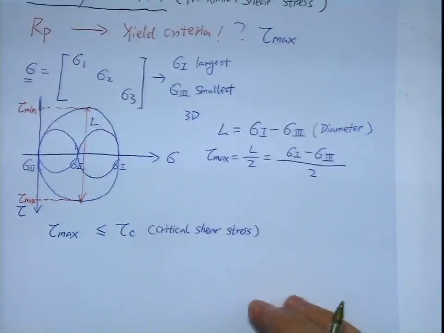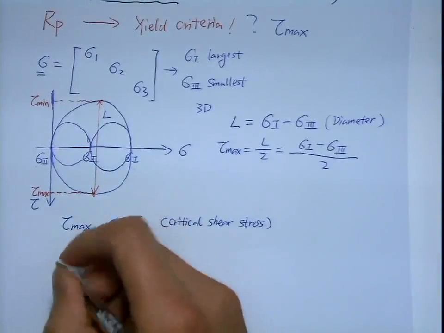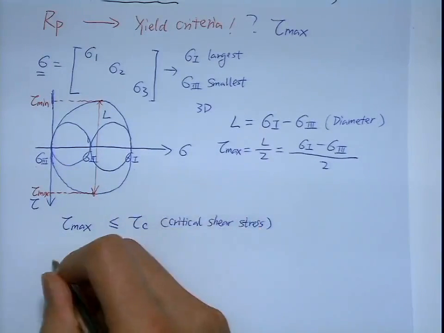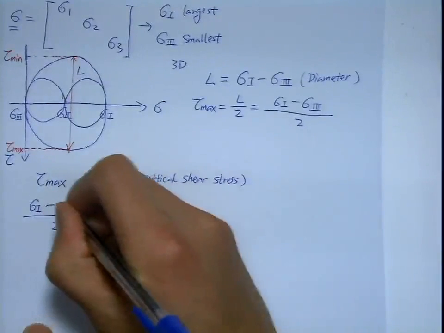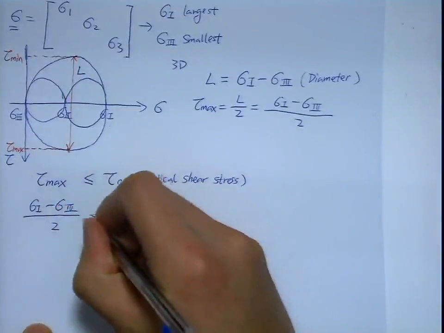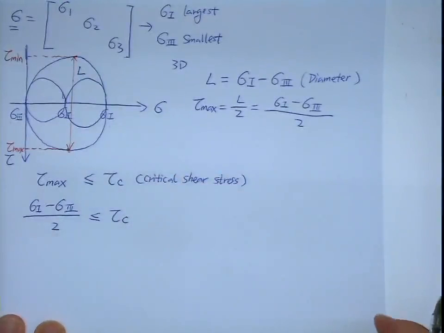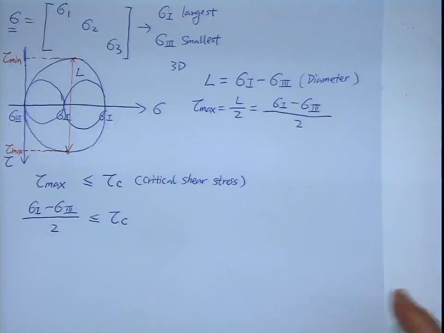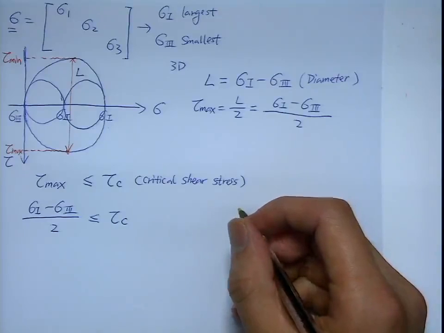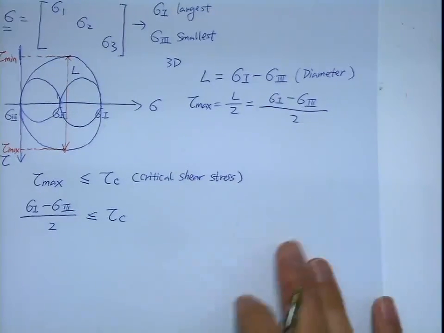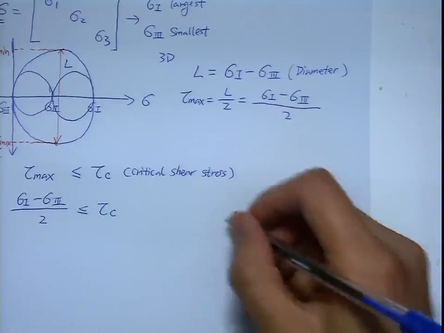And if I substitute my equation here, that gives me that sigma 1 minus sigma 3 over 2 should be smaller than that, otherwise the yield will happen. Okay, that's the yield criteria. And now, let's just look at the simple uniaxial tensile test case.